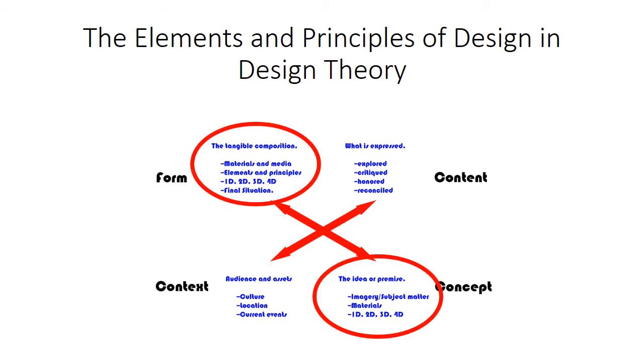You're going to find them showing up here, very simply, under form and under concept. In one, you theorize how you're going to use them. In the other, you put them to work. You adjust them, you tweak them, you modify them to work the form and the concept together, right? And these things are balanced by the content and context of the work.